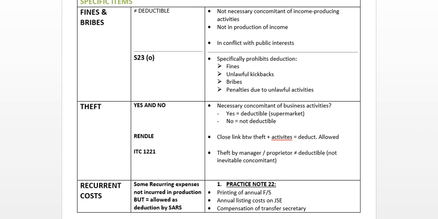Theft, it's yes or no, it can be included or maybe not. Is it necessary, a concomitant of business activities? If yes, then it's deductible. If not, then it's not deductible. In other words, with the supermarket, if there was theft of items at the supermarket, then you may deduct those items that were stolen because it is a loss to you.